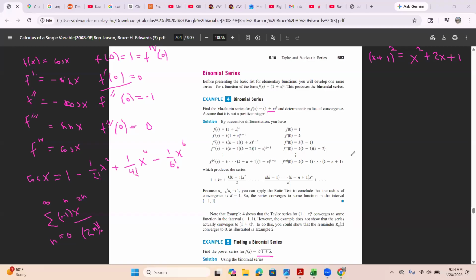What does that mean? Well, please notice if you have 1 plus x raised to the power of 1/3, it's no longer going to be a finite sum.